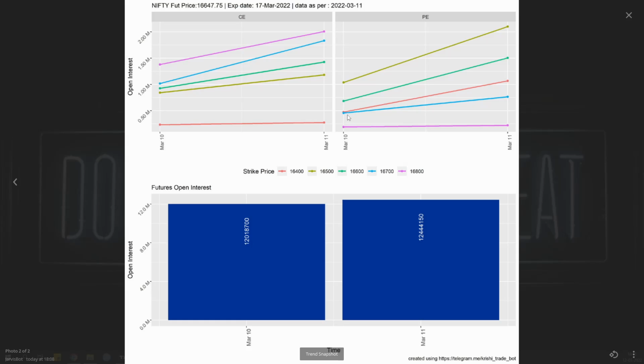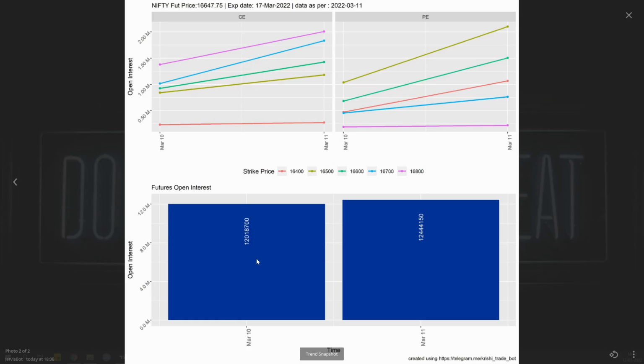We see that on March 10th and March 11th, the 16,500 put option has a very high rise, indicating that a large number of contracts are being shorted at 16,500, giving support to the market at 16,500. This is what we can infer from this graph.